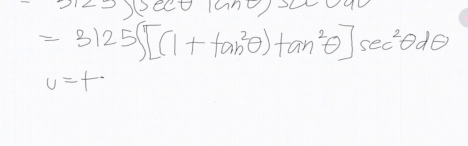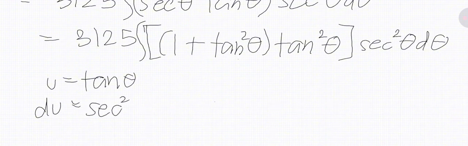To simplify more, we use u: let u equal tan theta, and du equals secant squared theta d theta.